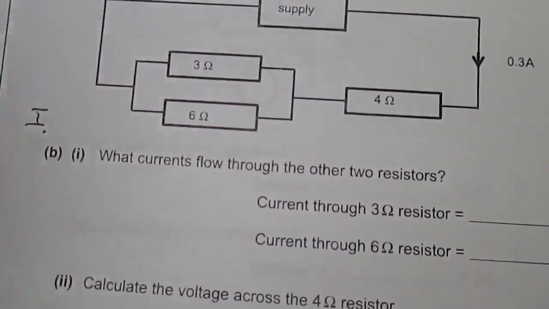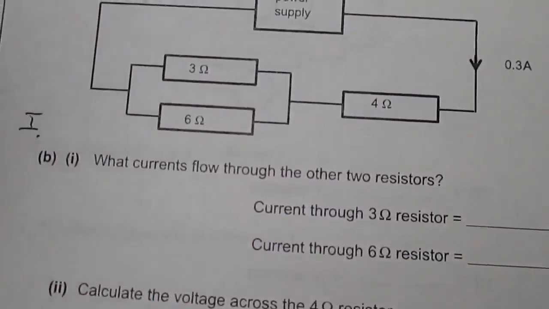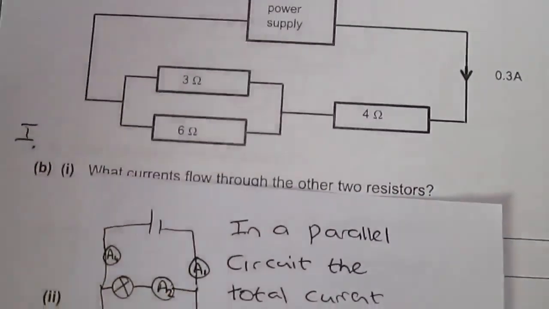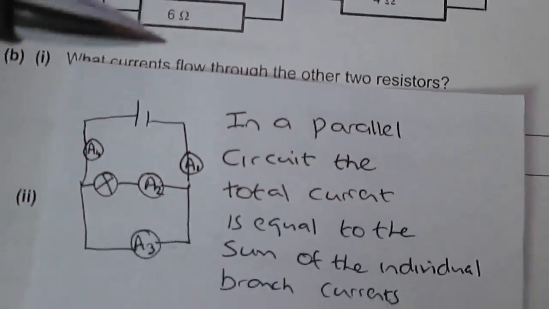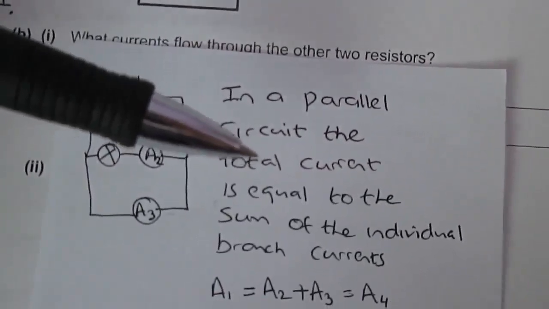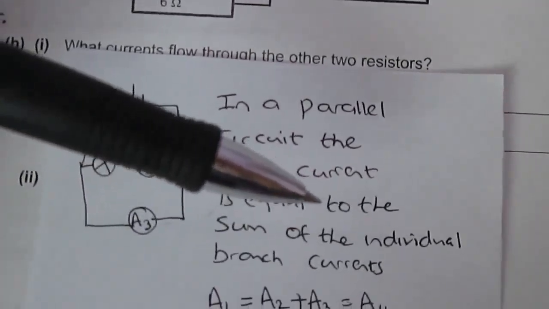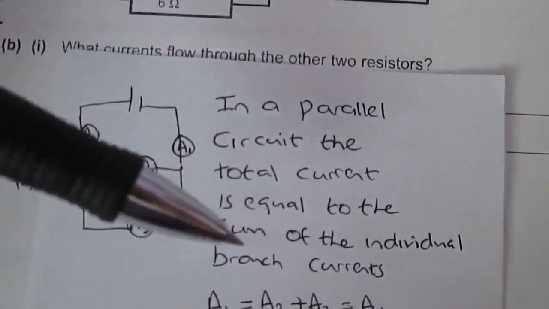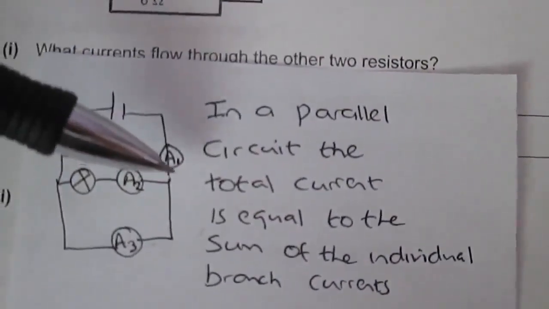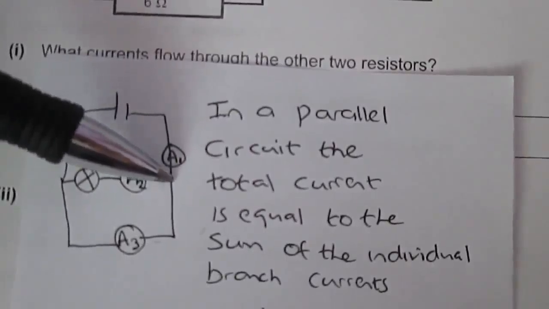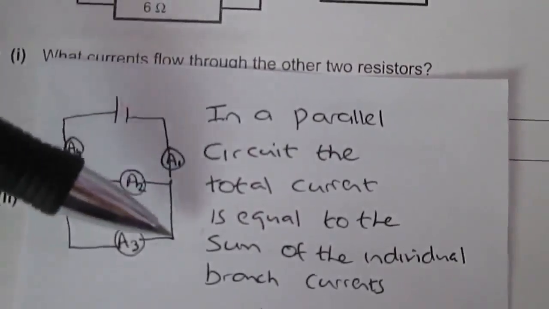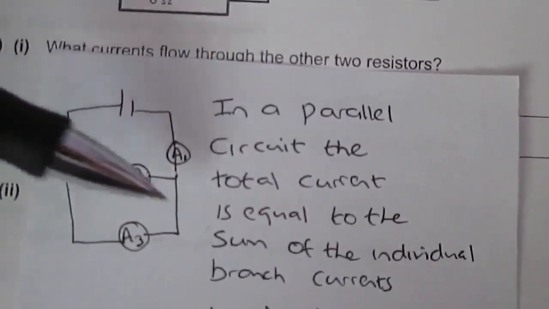Okay. Then if we look at the parallel part here, in a parallel circuit, the total current is equal to the sum of the individual branch currents. A branch is where you get to a point in the circuit and you have more than one path to go down. So this is a branch and this is a branch.